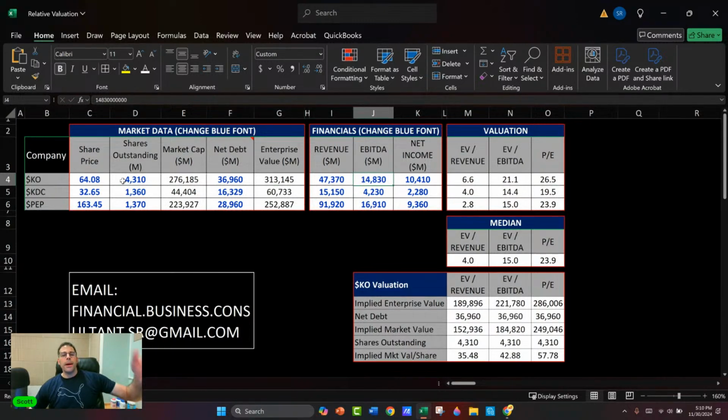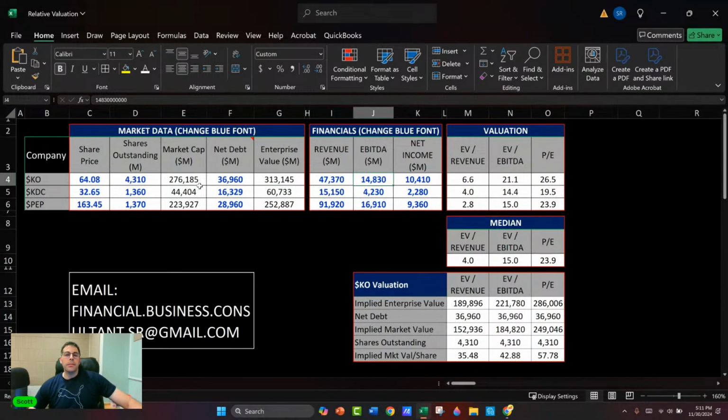So it's hard to compare different companies because most companies aren't the same exact size. Even Coke and Pepsi are similar in size: Coke is 270 billion market cap, Pepsi is 220 billion, and Keurig Dr Pepper is 44 billion. So what's the best investment? Maybe Keurig Dr Pepper because it's cheaper.